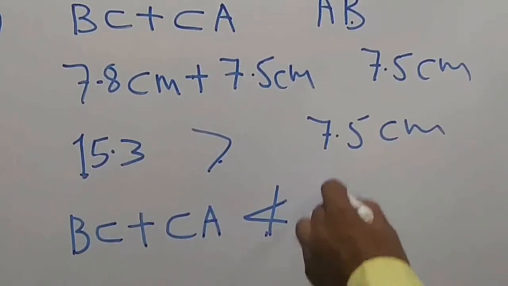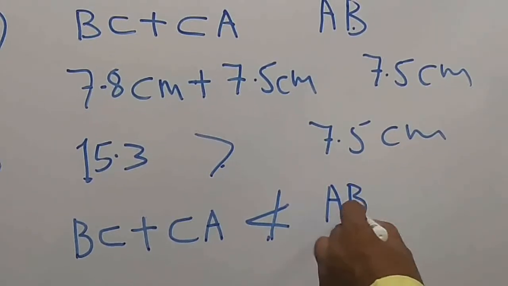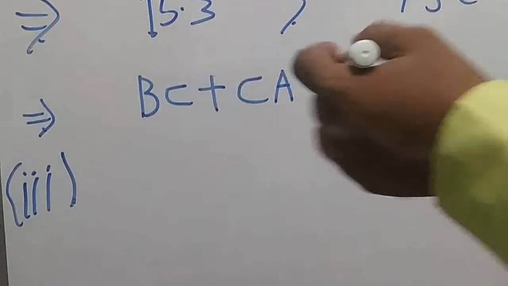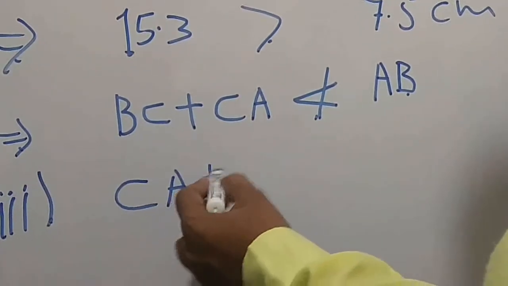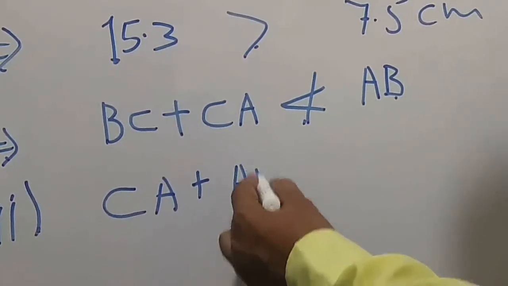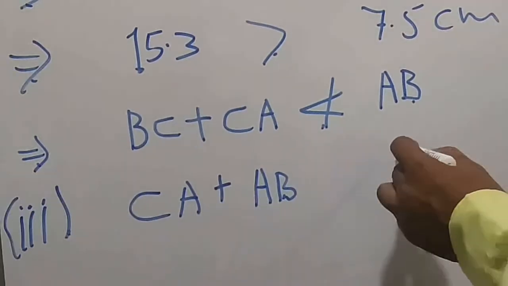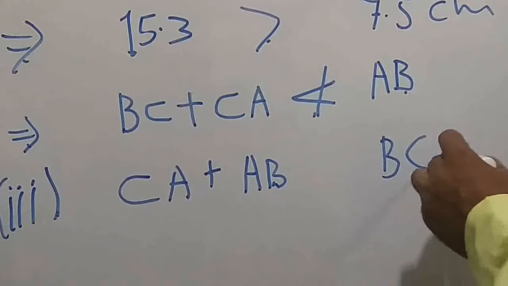Now this time we take CA plus AB and we compare this with BC.